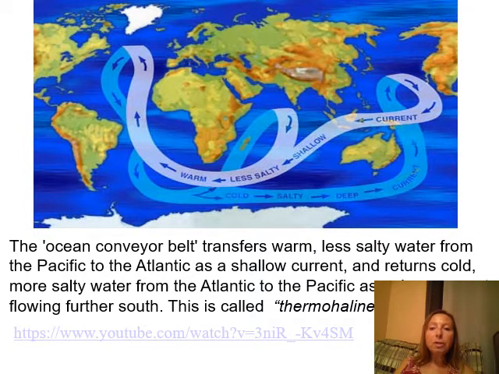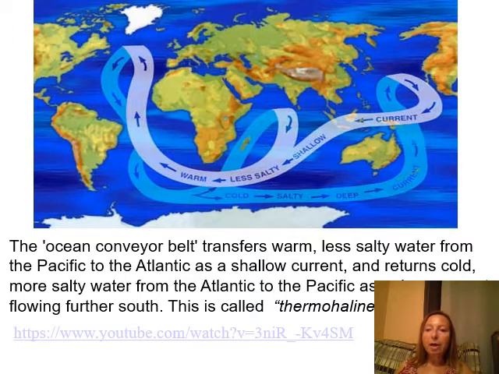In normal circumstances, when the system is in balance, we see two major processes happening all over the world. Warmer water is moving up, colder water is moving down. The saltier, heavier water is sinking, the lighter, fresher water is moving up.